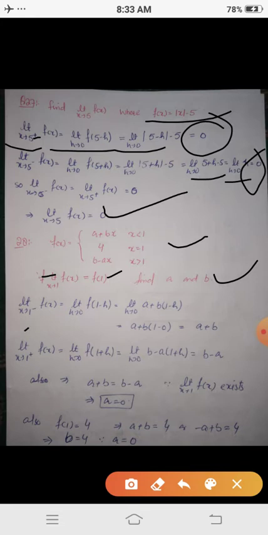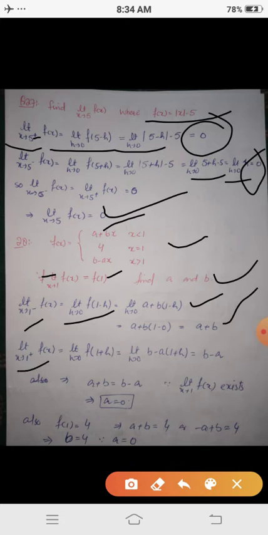Firstly, we will find the left limit at x equals 1, that is, the limit as x tends to 1 negative of f(x), which is the limit as h tends to 0 of f(1 − h). Now 1 − h is less than 1, so we replace x in a + bx, that is, the limit as h tends to 0 of a + b(1 − h). Because this is a polynomial, it is a + b.